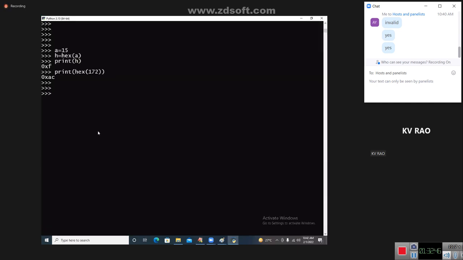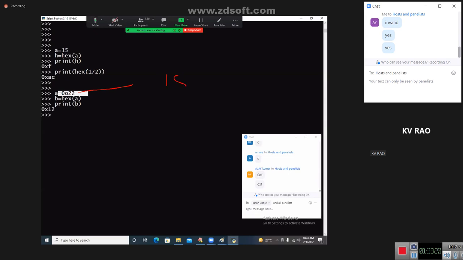Octal, I will go for octal. A is equal to 0o22, I will write it. Then B is equal to hex of A. Print of B. See that octal: this one is converted into this. 22 octal is equivalent to what? 18 decimal.